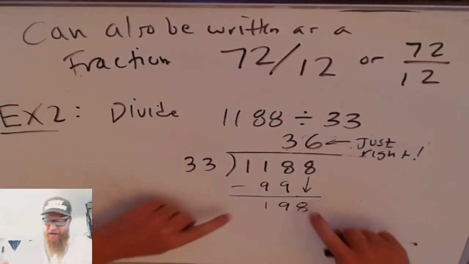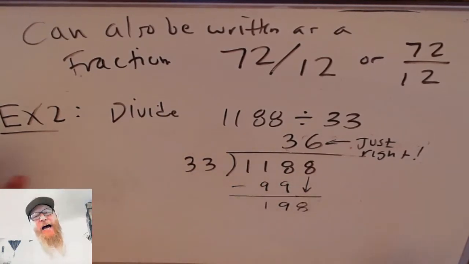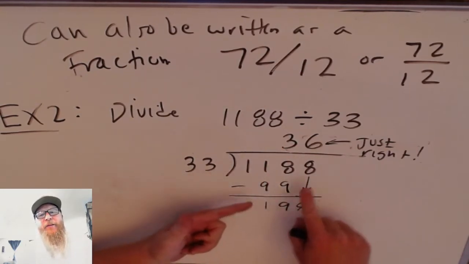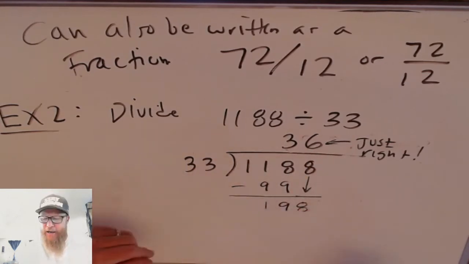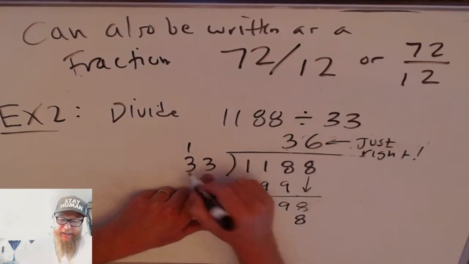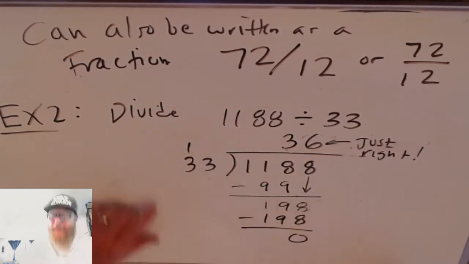You might have already noticed that because 198 happens to be double 99. If 33 gives you 99, then 6 times 33 is going to give you 198. So 6 times 3 is 18, carry the 1. 6 times 3 is another 18, plus 1 is 19. Subtract: remainder 0.